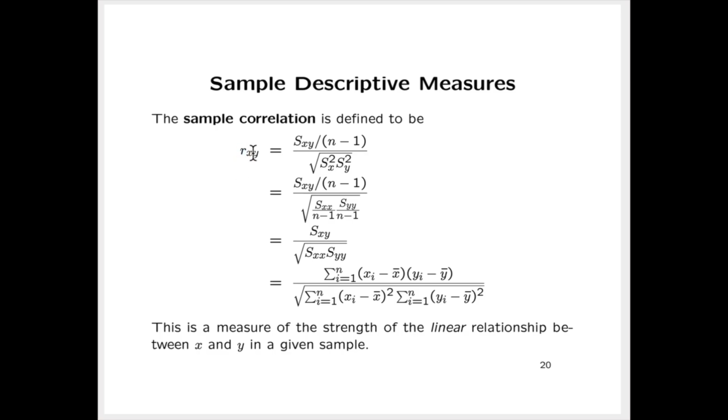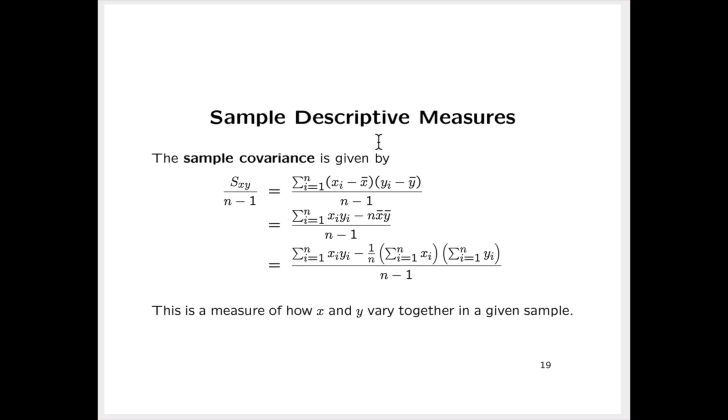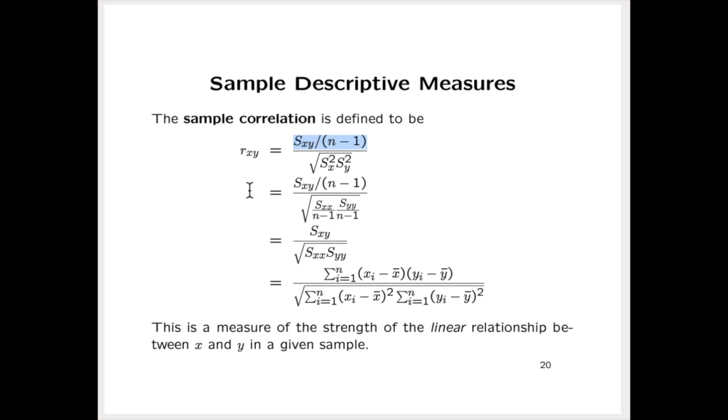Now, the sample correlation is defined to be the sample covariance divided by the square root of the product of the sample variances. If you look in the numerator here, this is just the sample covariance, what's on the previous slide. And so we have the sample covariance divided by the square root of the product of the sample variances. And you can rewrite this in a variety of ways.